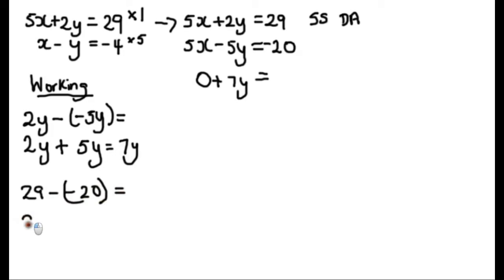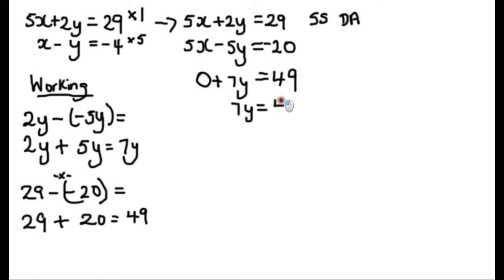You have 29, and remember again, negative by a negative is a positive. Brackets mean multiply. So you have plus 20 equals 49. So now, leaving out the 0, you can ignore that.